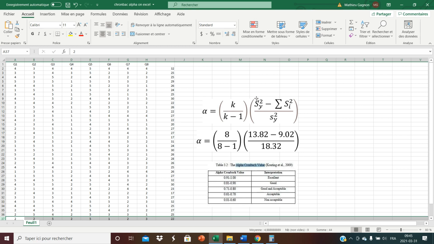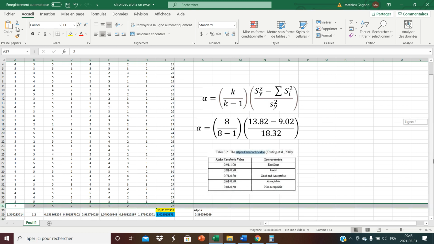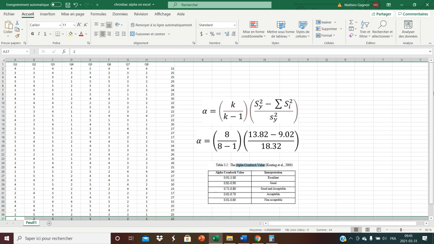Yeah. And then here, what I have is S squared Y, is actually, actually, let me take it in the opposite direction. It's actually easier.